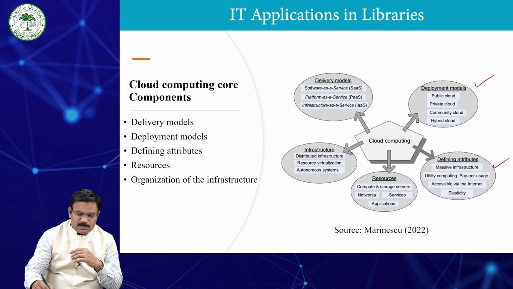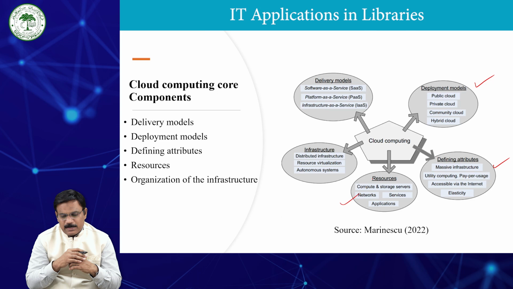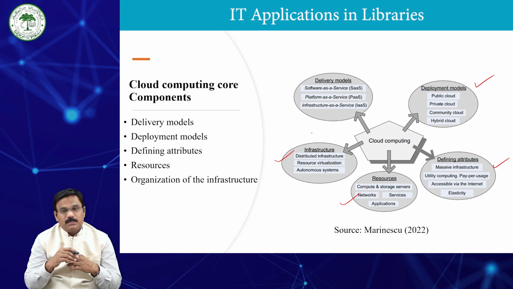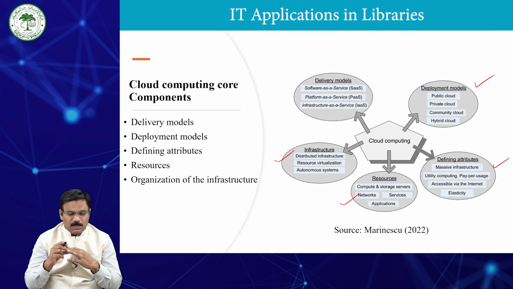As far as resources are concerned, this component contains compute and storage servers, network services, and various applications. And the organization of infrastructure contains distributed infrastructure, resource infrastructure, and autonomous systems.